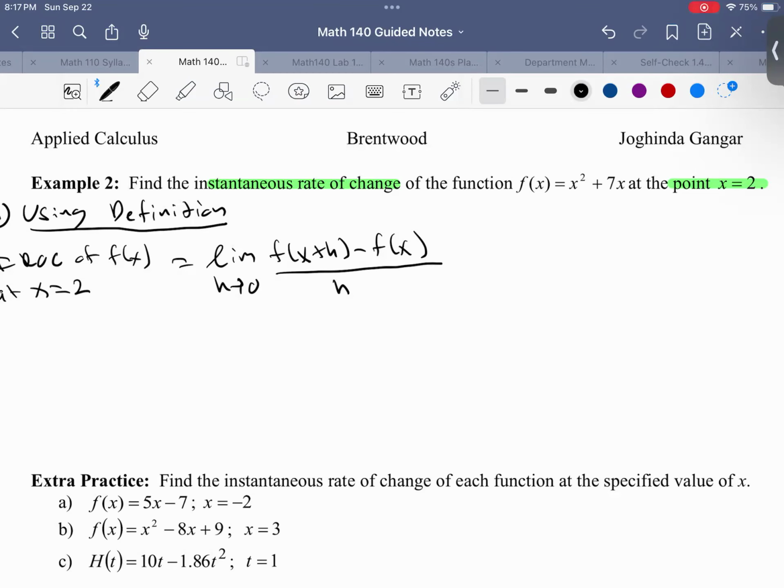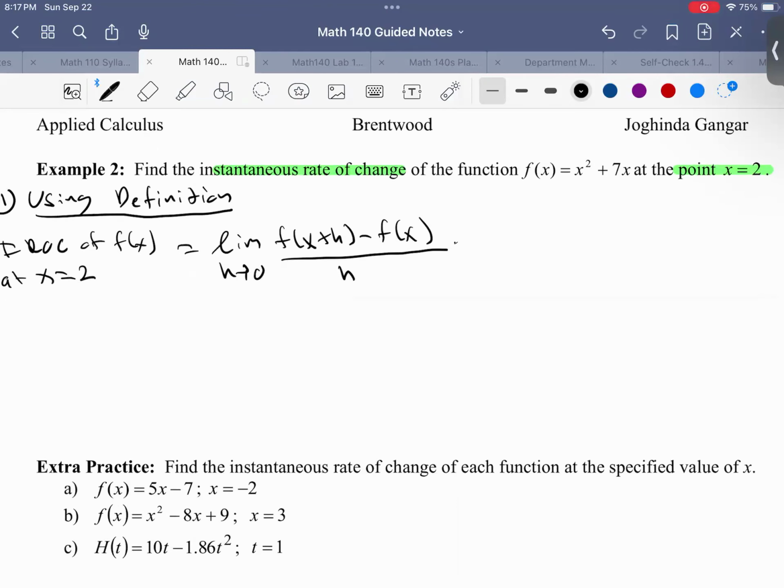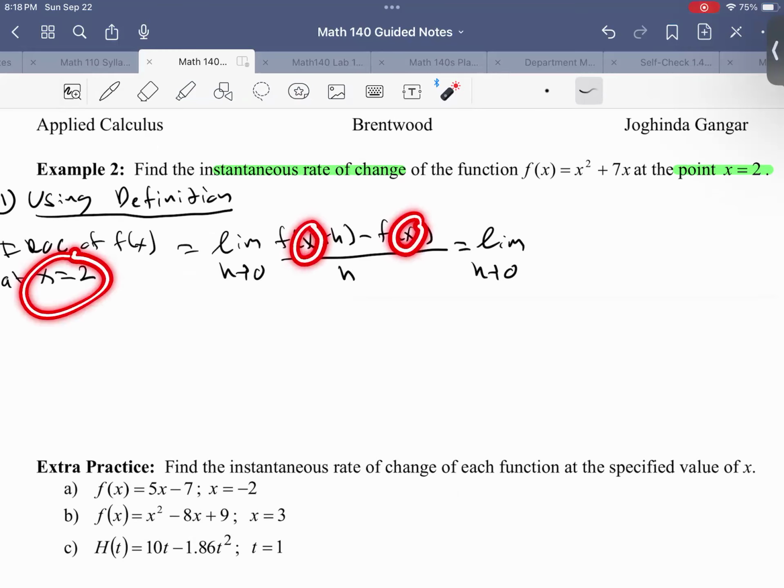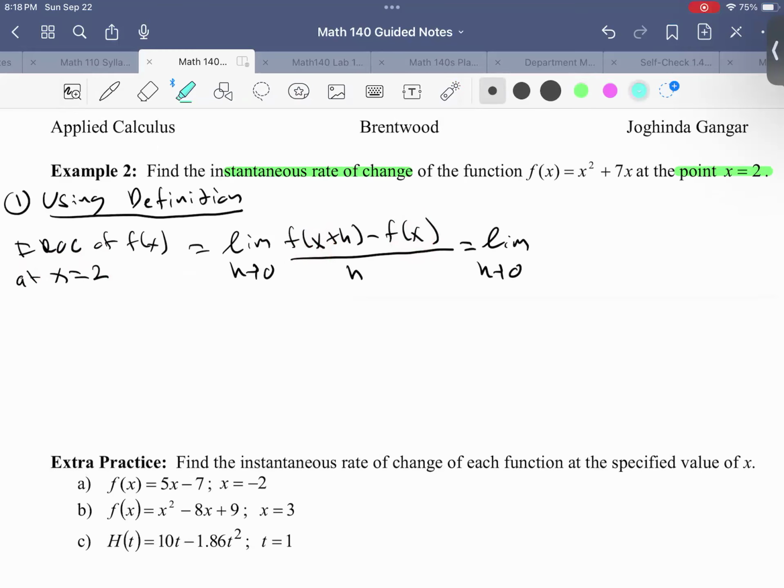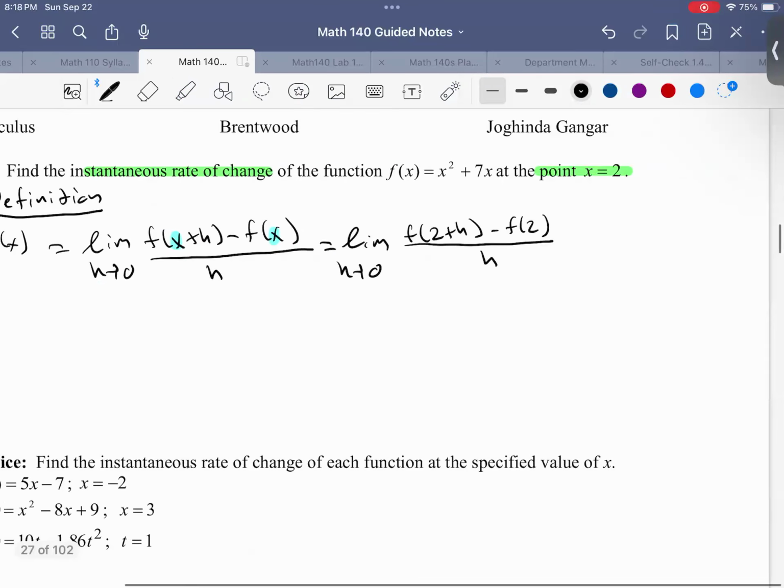Okay, so what we have here is the limit as h goes to 0, right? And I know what my x is. My x is 2, so I'm going to plug in 2 for x. So this becomes f of 2 plus h minus f of 2 all over h.